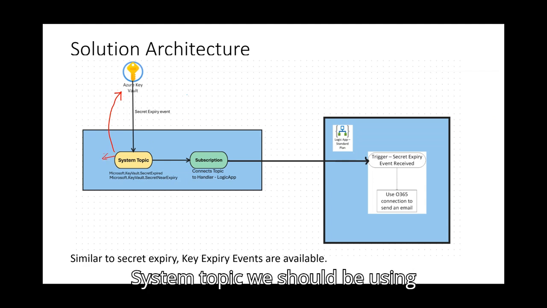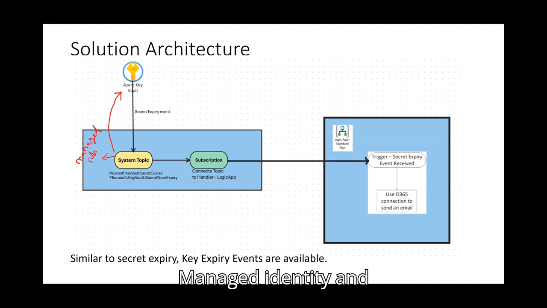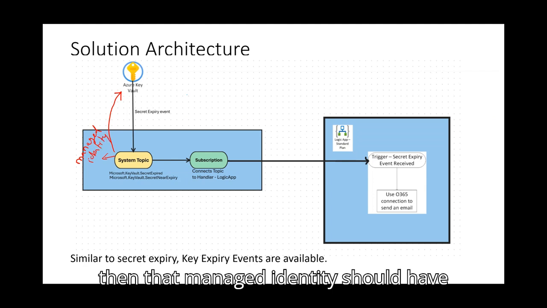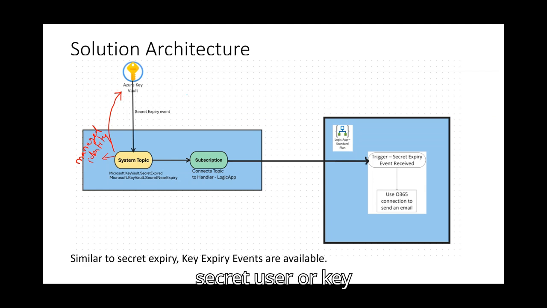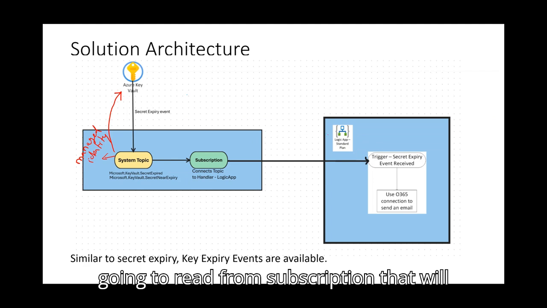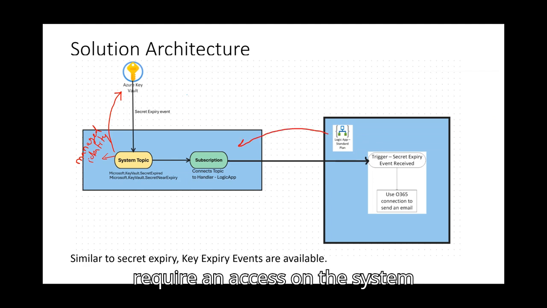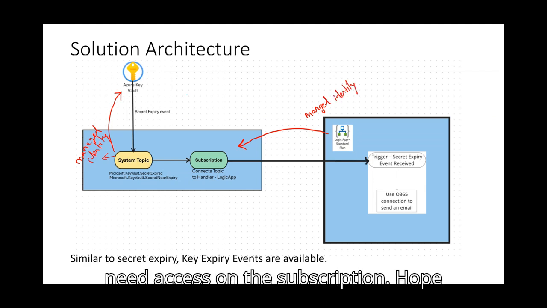And that's why for the system topic, we should be using managed identity, and then that managed identity should have the Secret User or Key User role so that it can read the required events from that. Similarly, when the Azure Logic App is going to read from the subscription, that will require access on the system topic related subscription. Therefore, your Logic App's managed identity will need access on the subscription. Hope this is clear.